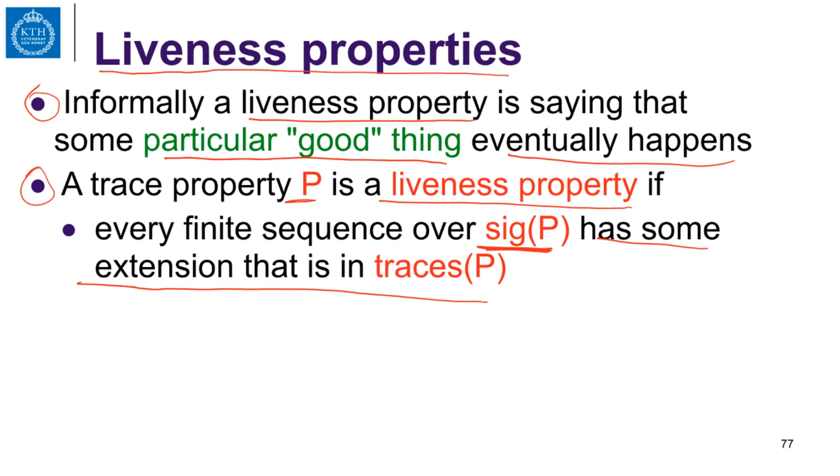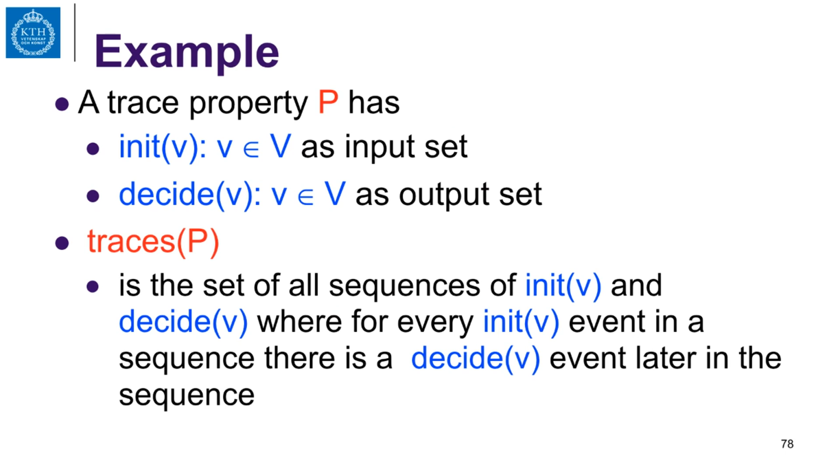That means it is possible for the good occurrence of an event to happen at some time later in the future.